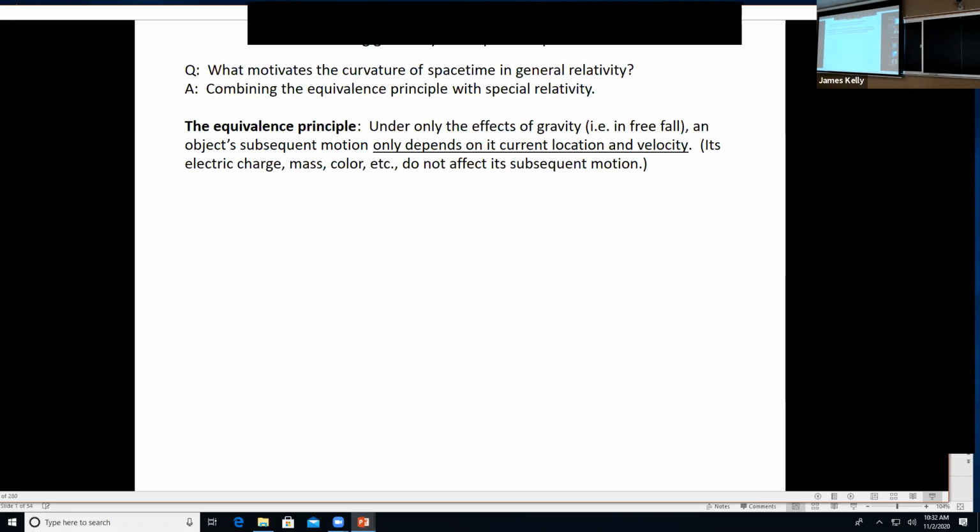So the equivalence principle says an object's subsequent motion, when it's only under the influence of gravity, only depends on where it is and how it's moving at that instant. Okay, well, that doesn't sound too surprising. But the thing that is surprising is that its subsequent motion doesn't depend on its electric charge, its mass, the color of the object, any other intrinsic features of the object.